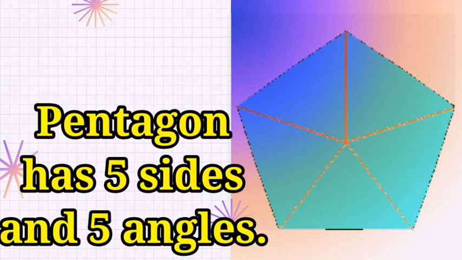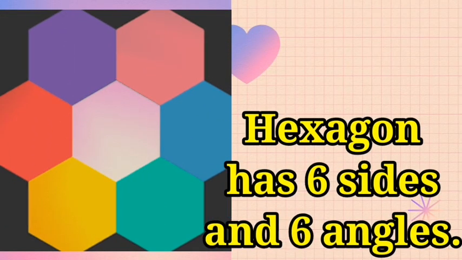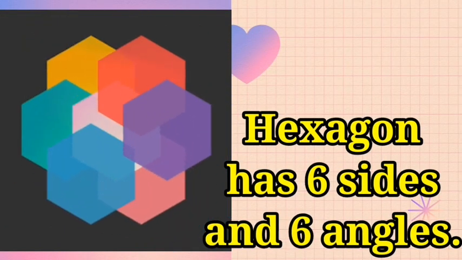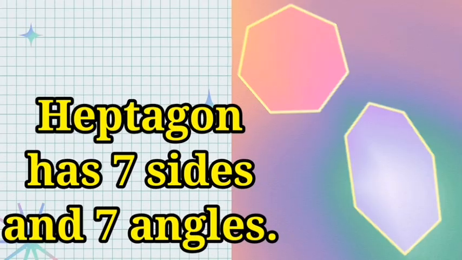A polygon that has 5 sides and 5 angles is called pentagon. Hexagon has 6 sides and 6 angles. Heptagon has 7 sides and 7 angles.